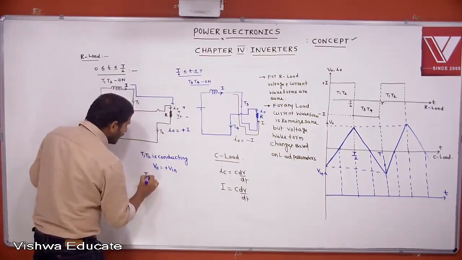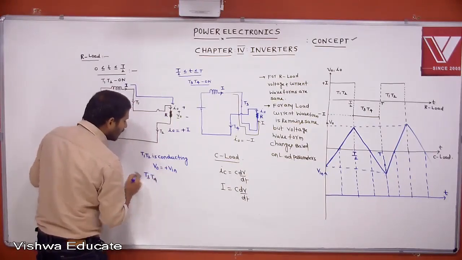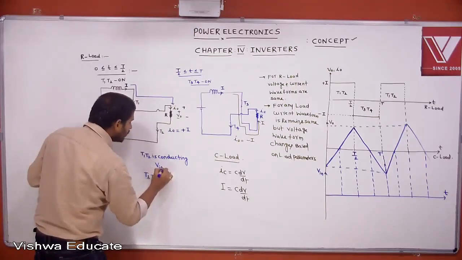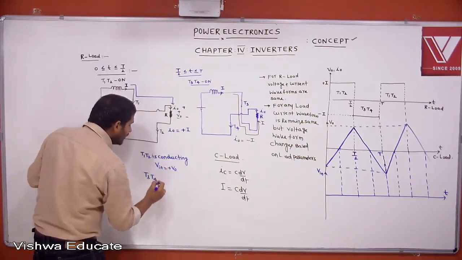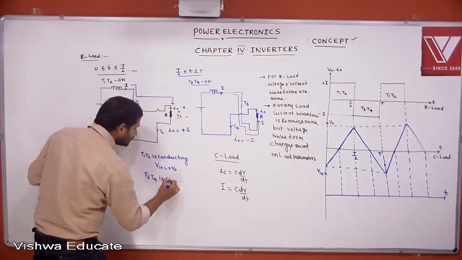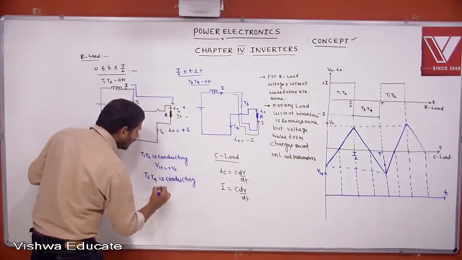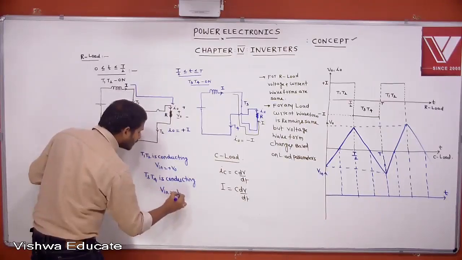Then T3, T4 is conducting, Vn equal to plus V0. Vn equal to plus V0. T3, T4 is conducting, then Vn equal to minus V0.